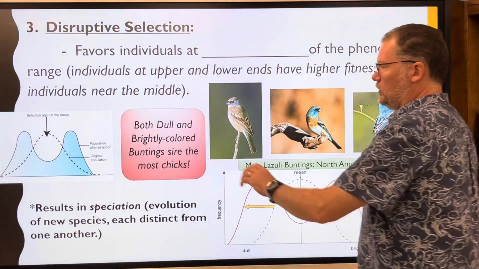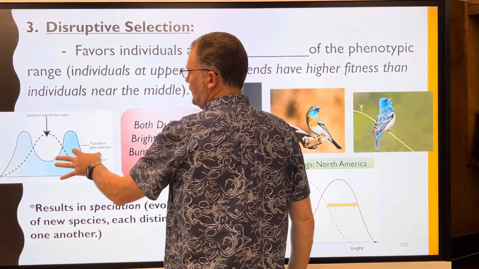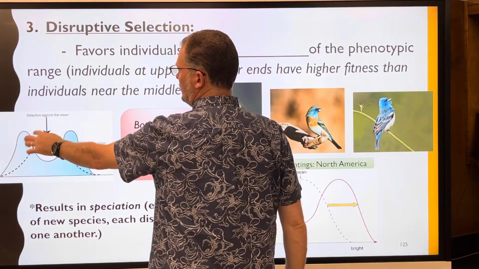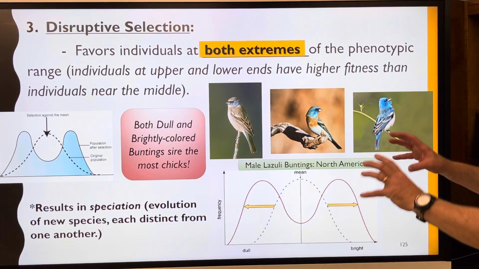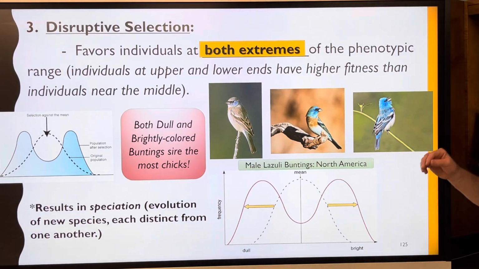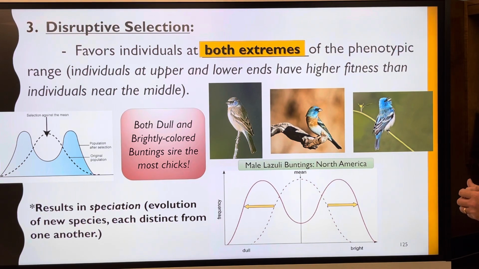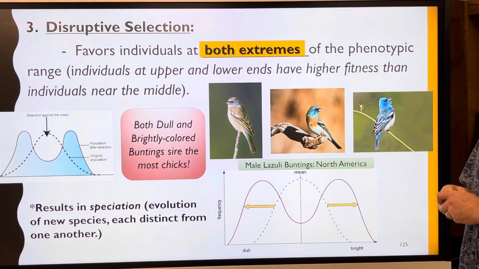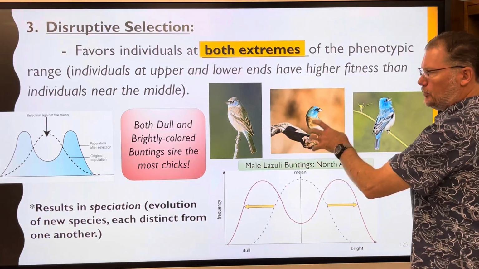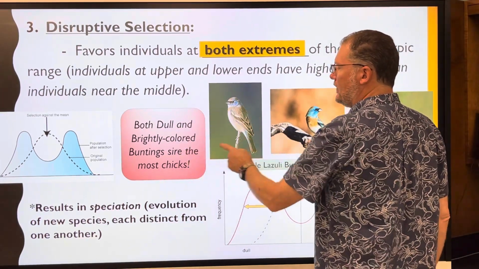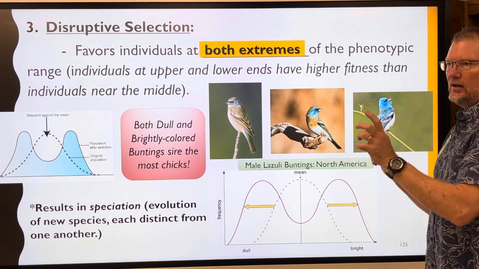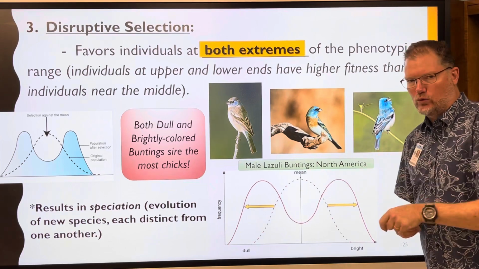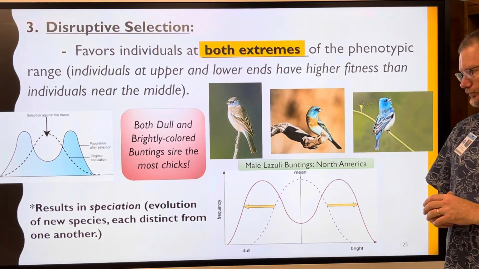Disruptive selection. So here now, the 2 extremes are being chosen, and against the average. So this favors individuals at both extremes of the phenotypic range. Individuals in the upper and lower ends have higher fitness than individuals near the middle. So these are buntings, they're birds. Both the dull and the brightly colored have the most chicks, but the ones in the middle don't have the most.